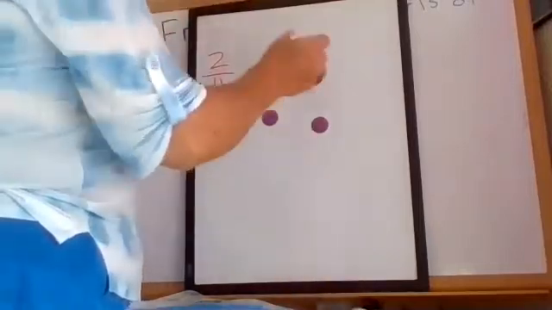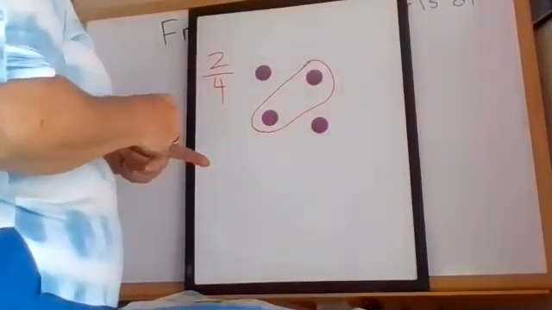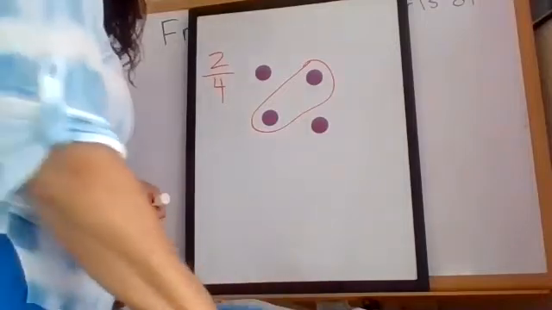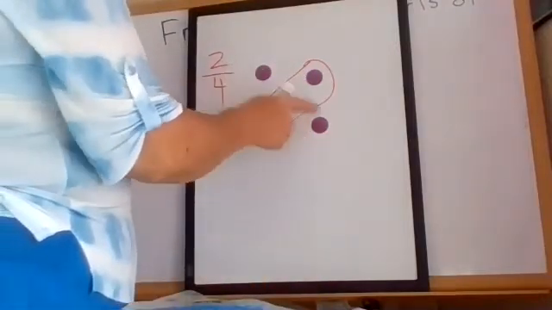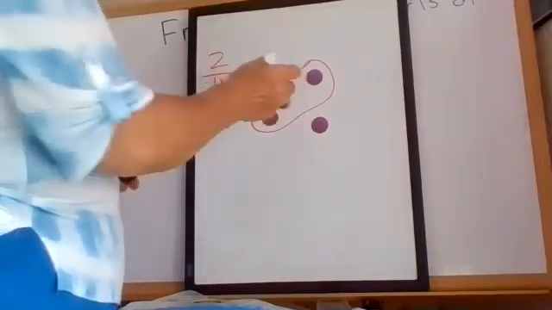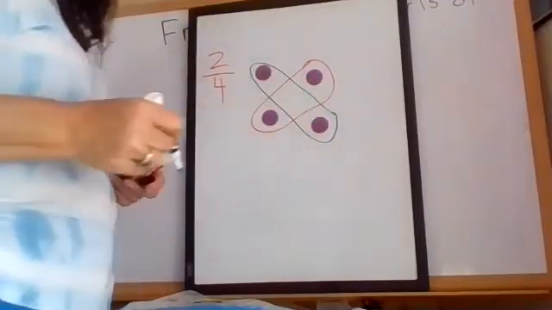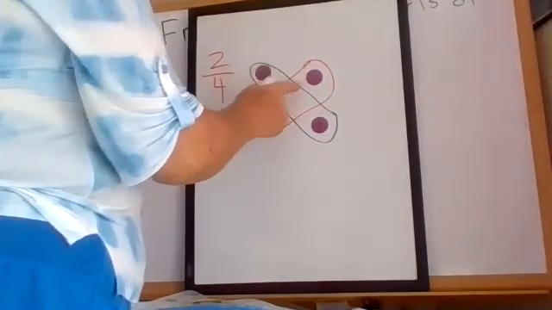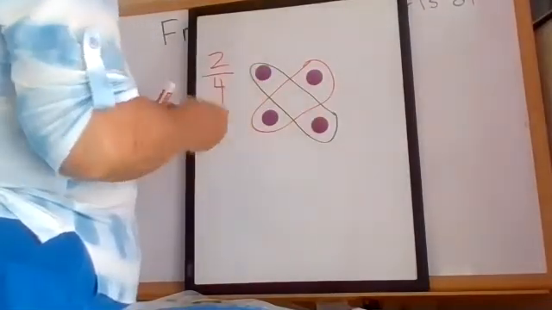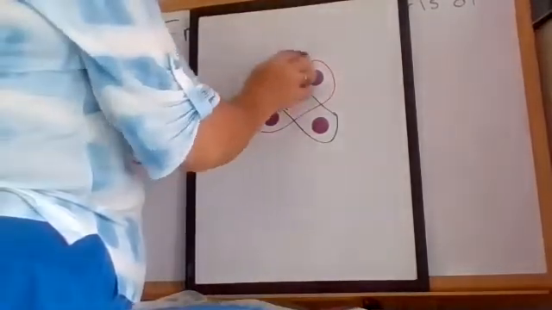Could we have circled them this way? Absolutely. We still have 1, 2 out of 1, 2, 3, 4. What about this way? Yep. We still have 1, 2 out of 1, 2, 3, 4. Excellent. Let's look at another fraction.